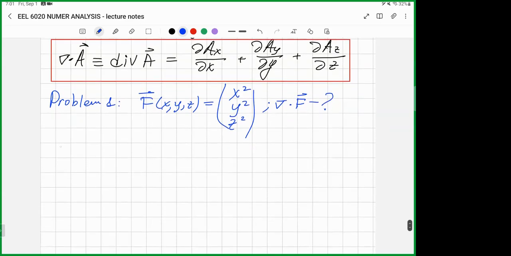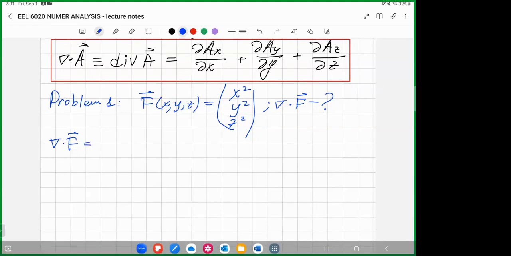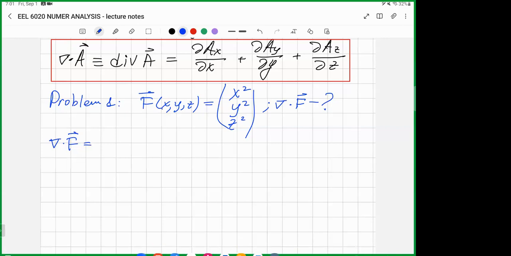Okay, so the divergence of this field F is equal to dFx over dx plus dFy over dy plus dFz over dz, right?